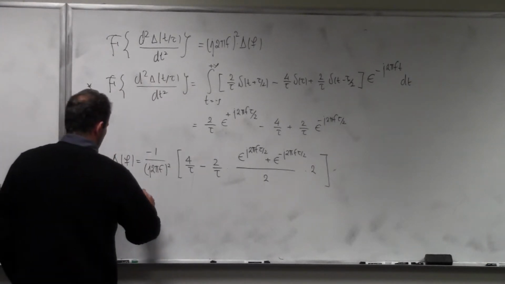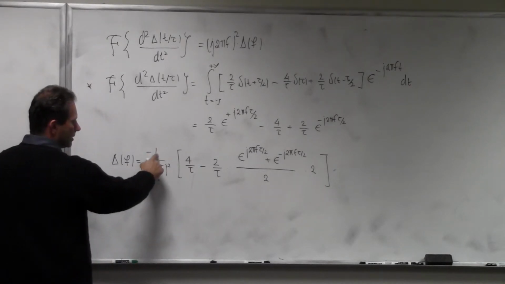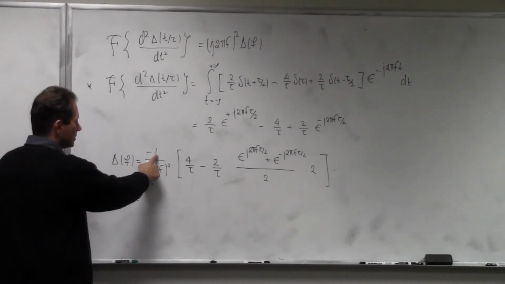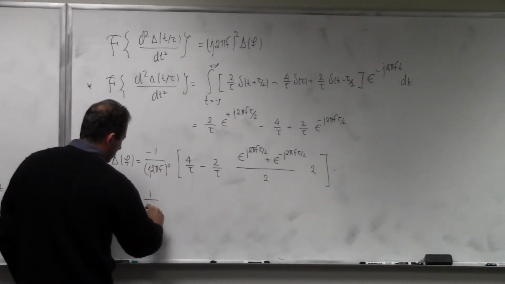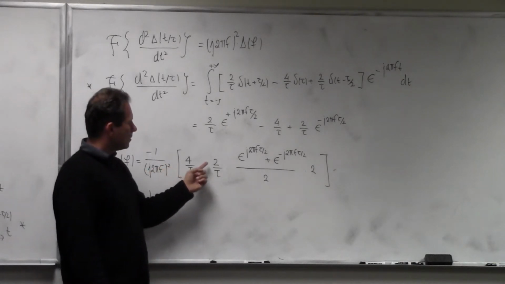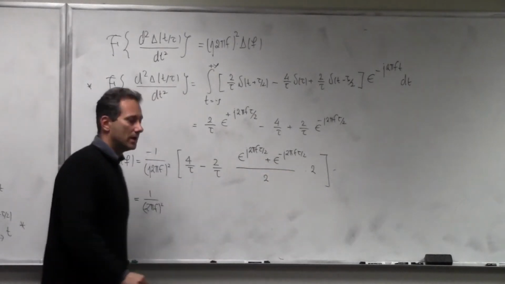So this simplifies. Notice this j squared and minus 1, they cancel each other, right? Because j squared is minus 1. So I have 1 over 2 pi f quantity squared. Now, look at here, 4 over tau, 2 over tau times 2. So I'm going to take 4 over tau outside.